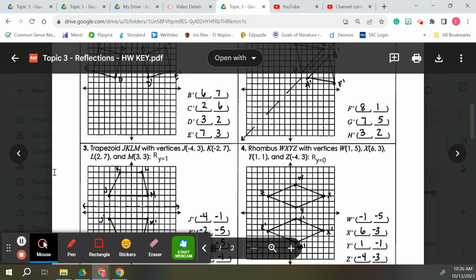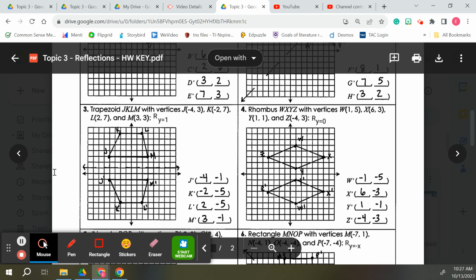Let's take a look at number 3 and 4. So those are the other ones there. Do you guys have any questions on those?